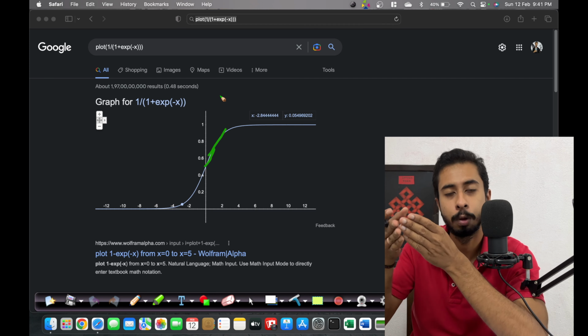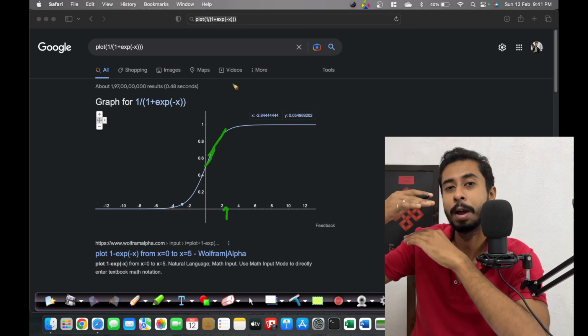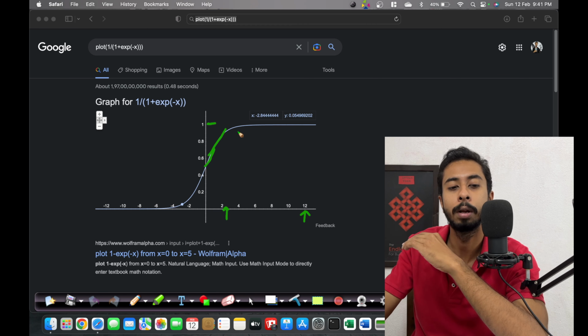For maybe small values like 2, it will give the value as 2. It is increasing linearly. But for higher values, you see, greater than this particular point, you can see it is tapering off, okay? What it means is, it is basically squashing the value in a certain range, no matter what the value is. Let's say the value is 12, it doesn't matter, the output will be 1. You see, this is 1, right?